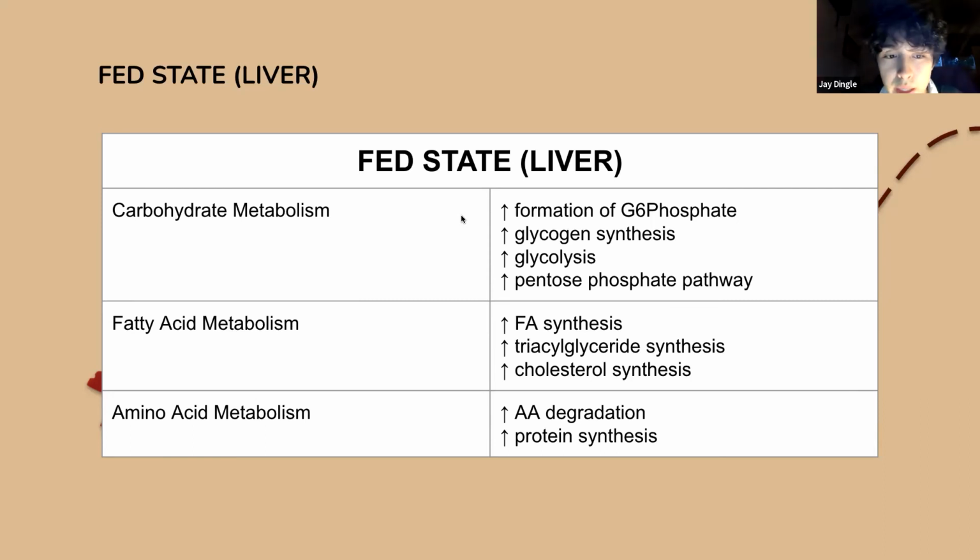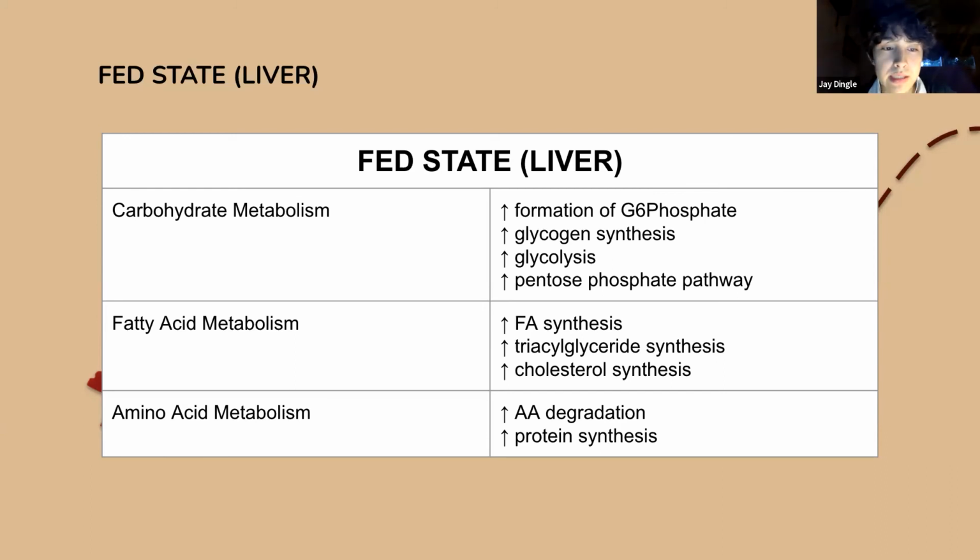Glycolysis is really important here because it will extract energy from the glucose by breaking it down into two 3-carbon molecules that we call pyruvates. And the pyruvates that are formed will help trigger fatty acid metabolism because they will be converted into acetyl-CoA, which can then be converted into fatty acids. So that's why we have increased fatty acid synthesis.